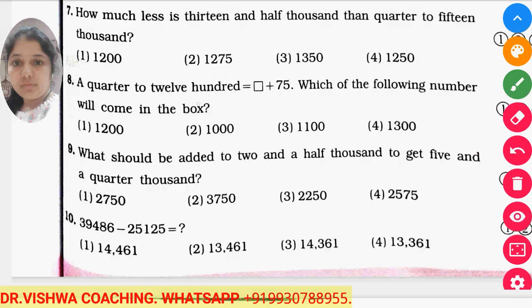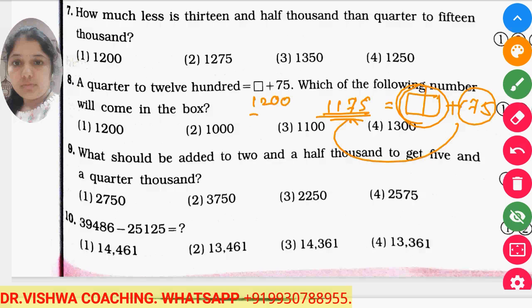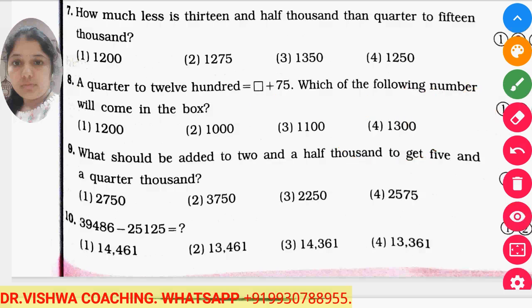So quarter to 1200 means in 1200, 25 is less, which means 1175 is equal to box plus 75. So what is the value of the box? You have to subtract this 75 from this 1175. So you will get the value of the box. Okay, I know you can do it at home.